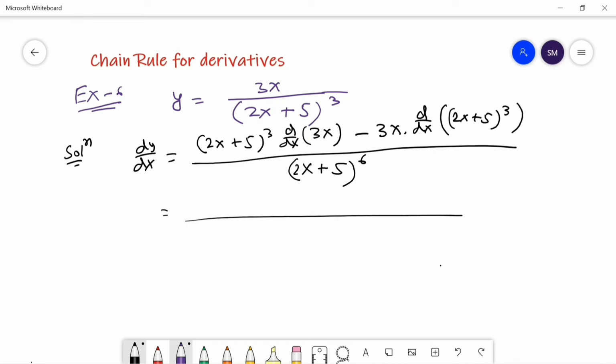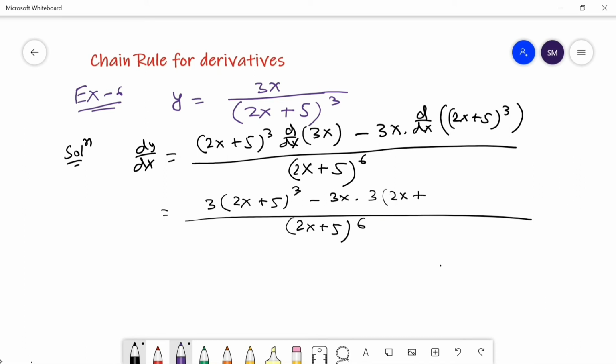So this is equal to 3, 2x plus 5 to the power 3 minus 3x.